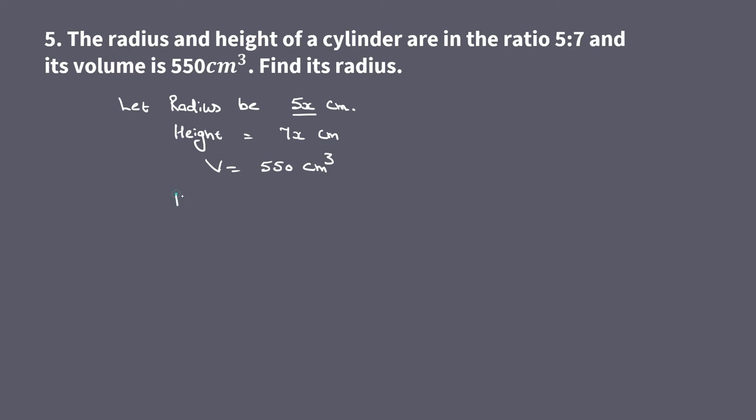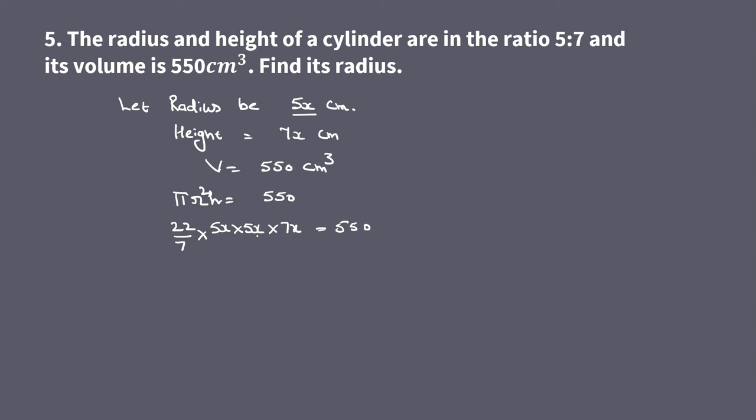We know that volume is equal to pi r square h. That means pi r square h is equal to 550. So 22 by 7 into 5x into 5x into 7x is equal to 550.